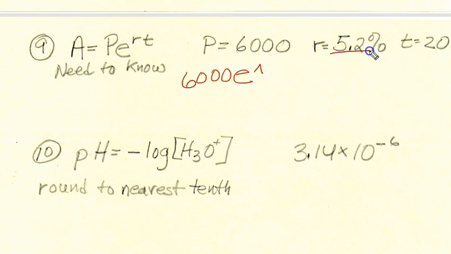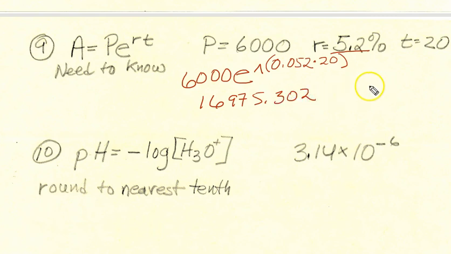Now you need to convert this to its decimal form, 0.052 times the time, which is 20, and put that into your calculator and see what you get. And I get 16975.302. It goes on, but we're rounding to the nearest cent, so we're just going to drop the 2, and there is our answer.